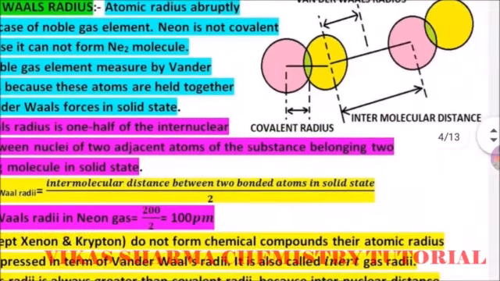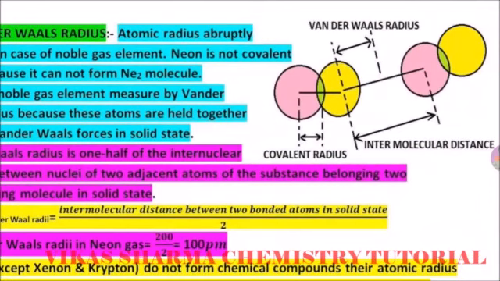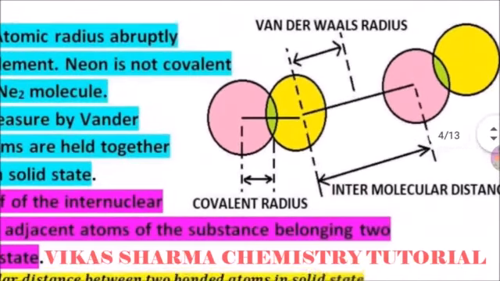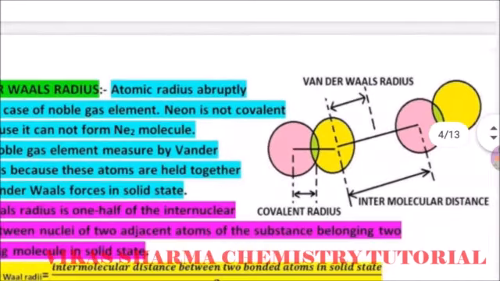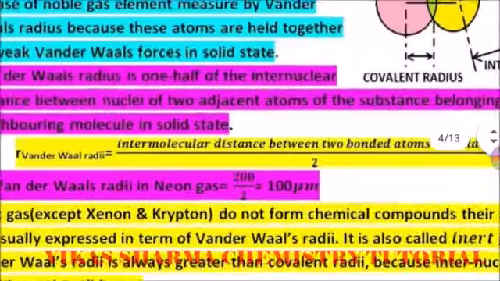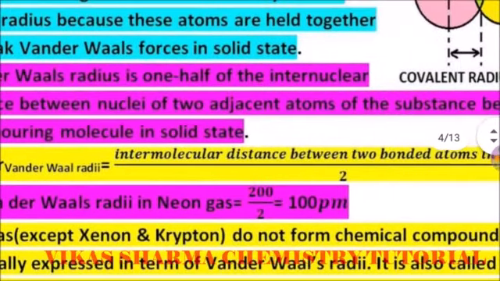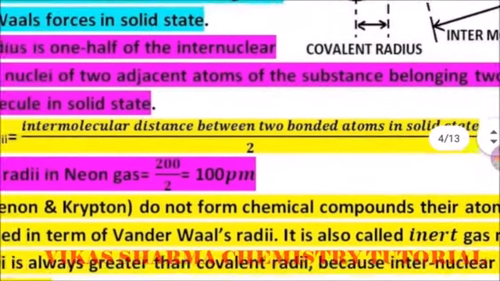In a solid state, if we freeze them, the minimum distance between two intermolecular nuclei is what we call the van der Waals radii, which belongs to the weak van der Waals force. As you have seen on the display, with two neighboring molecules we take the nearest internuclear distance and divide it by 2 to calculate the van der Waals radii, whereas covalent radii apply when the atoms are covalently bonded. So the van der Waals radius is equal to the intermolecular distance between two atoms in a solid state divided by 2.